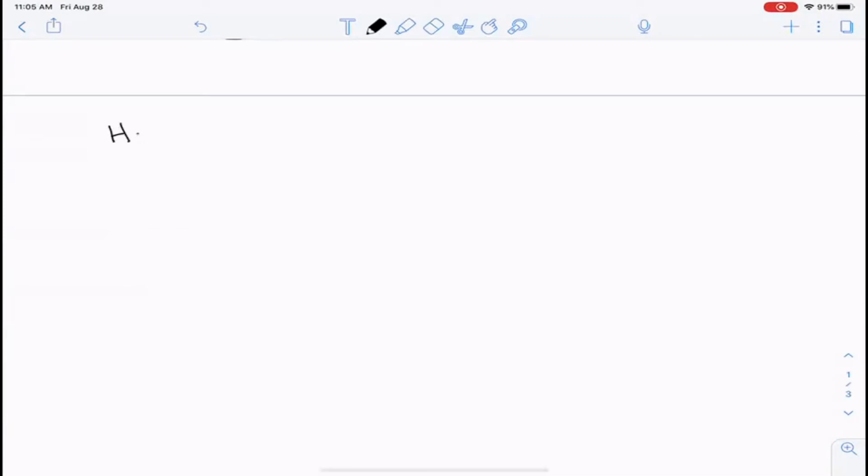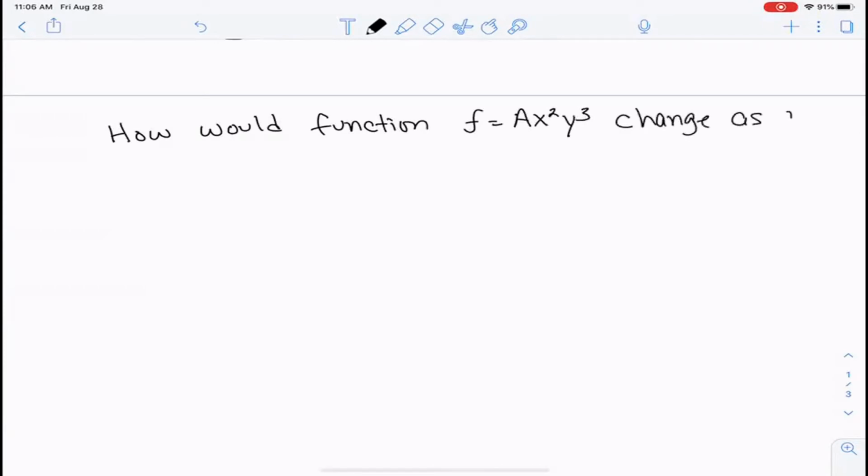So let's say, how would a function f equal to ax squared times y cubed change as a function of x and y? Or maybe change as x and y are changed. That might be a better way to do this.